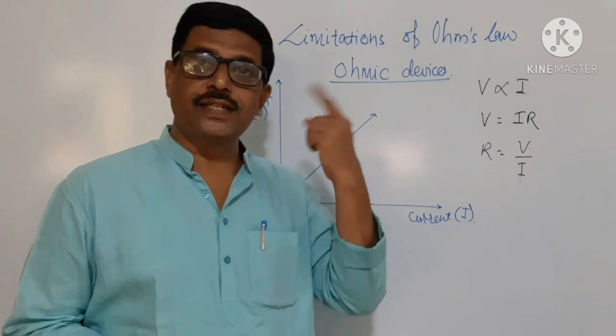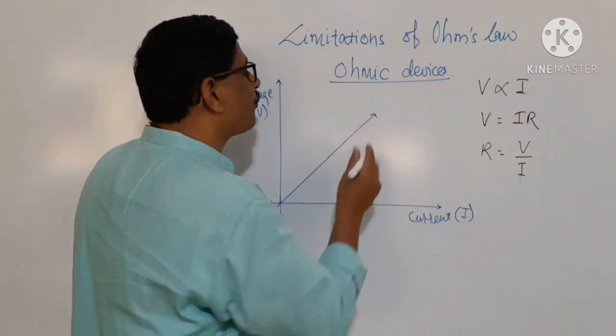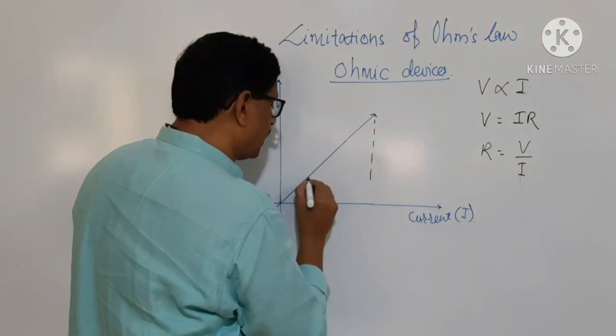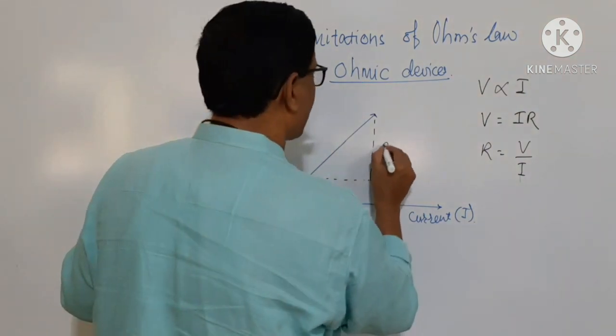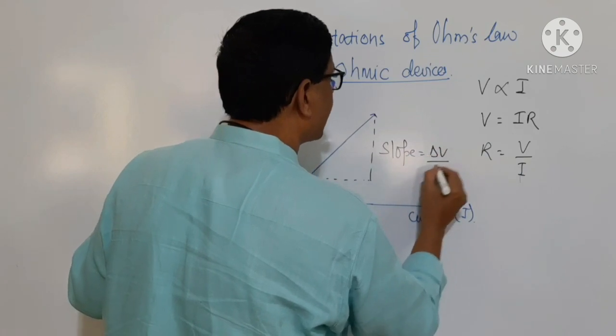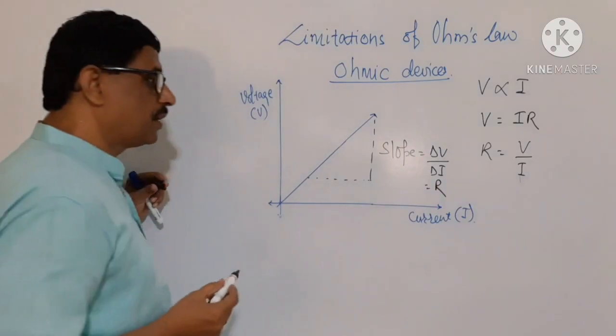The relation is linear, and if you take a slope of the graph between any 2 points, the slope of the graph will be here delta V divided by delta I, and it is equal to the resistance of the conductor.